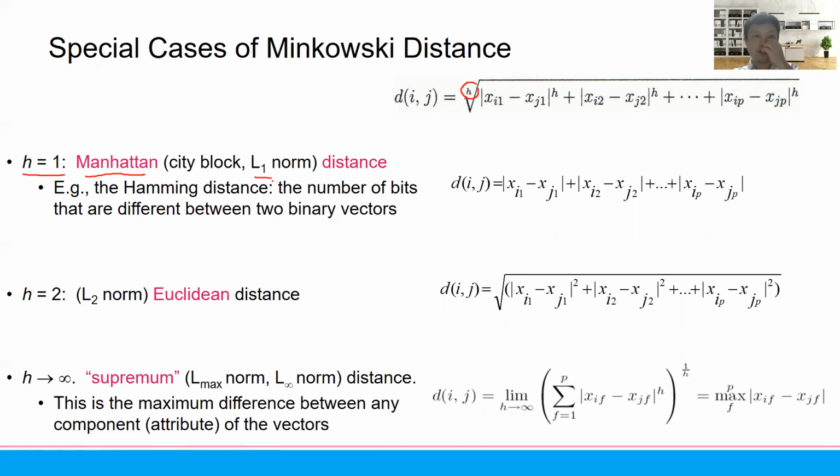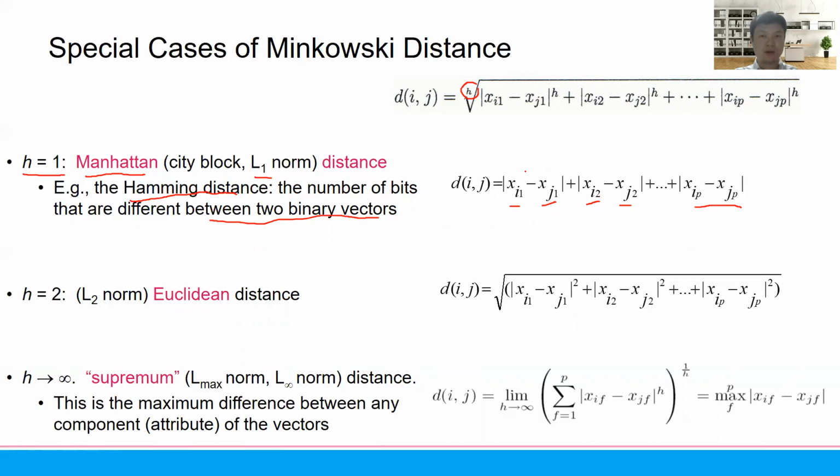Another name is the Hamming distance, which is the number of bits that are different between 2 binary vectors. So we want to find the gap between xi and xj in the first data, then the xi and xj in the second data, and so on until p.